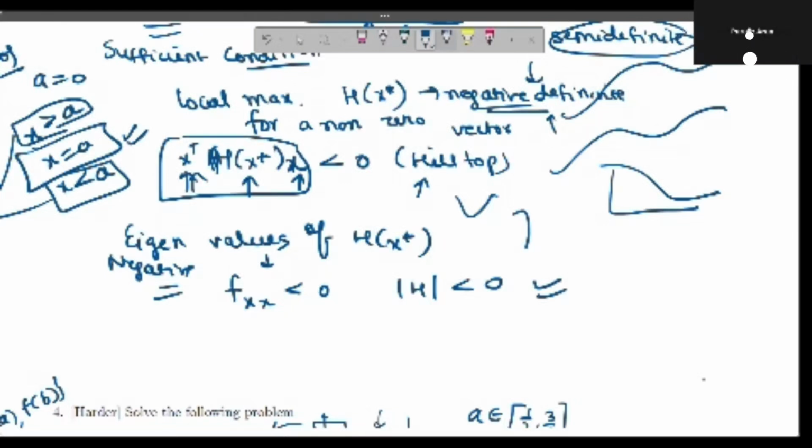Sufficient for us to find a local maxima. Yes. Is this clear? Got it.